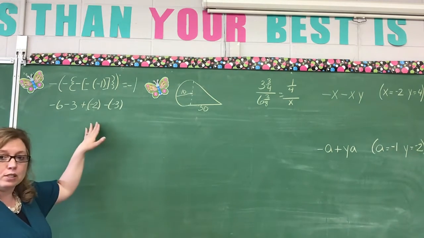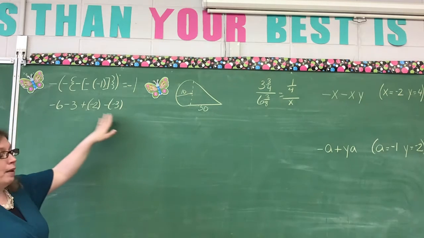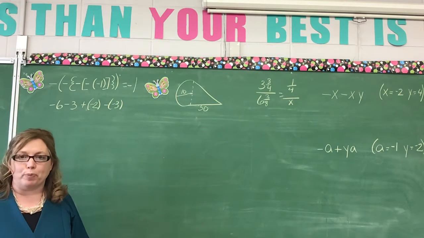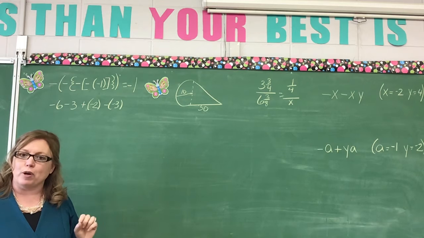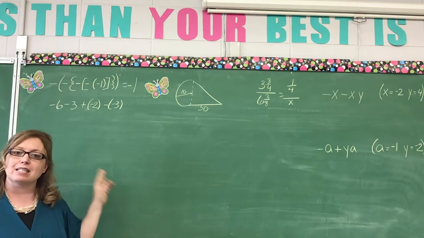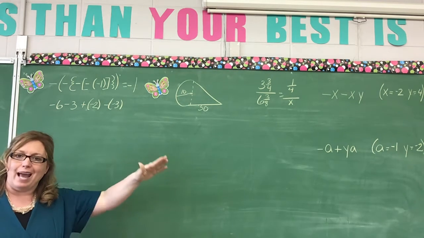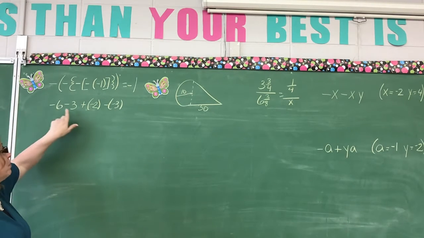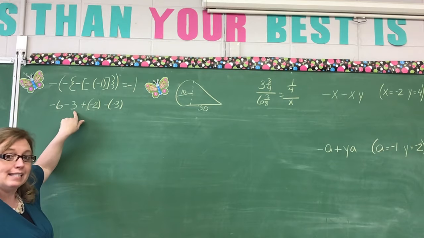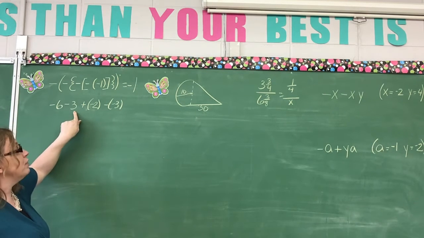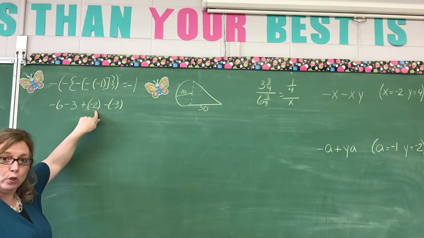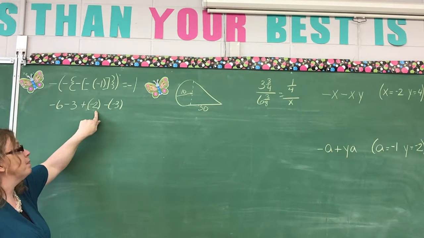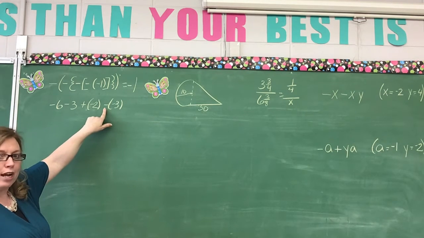Okay? Let's look at this one. We have a problem where we want to do algebraic addition. Algebraic addition simply means the sign goes with the number and we're adding everything, okay? So, -6 plus -3 is -9. -9 plus -2 is -11. When I get here, I have a subtraction sign.